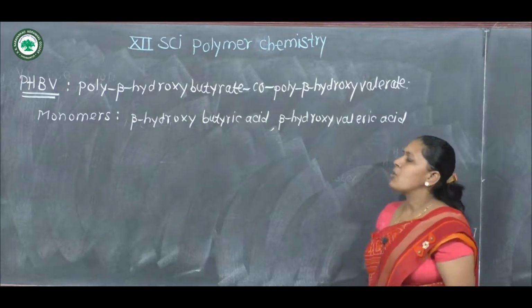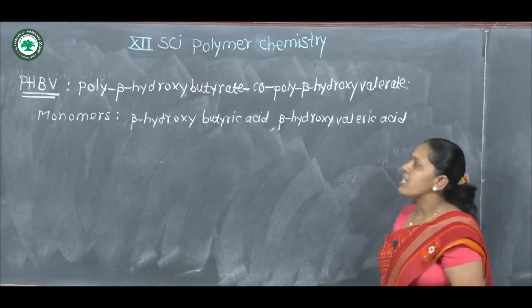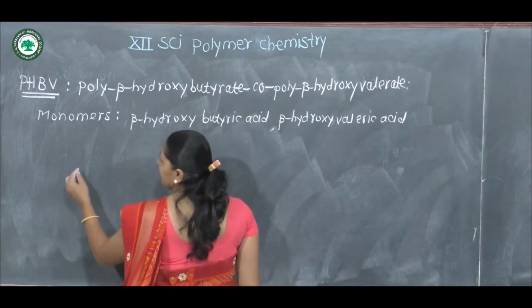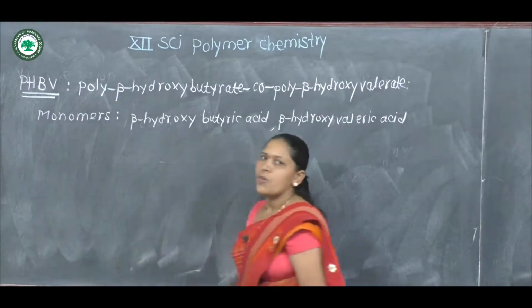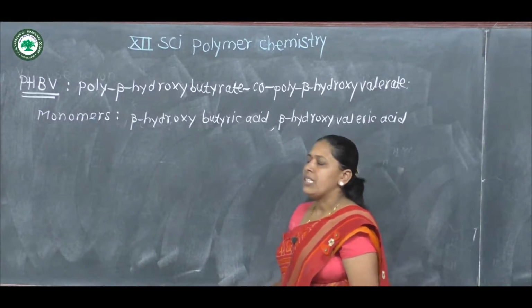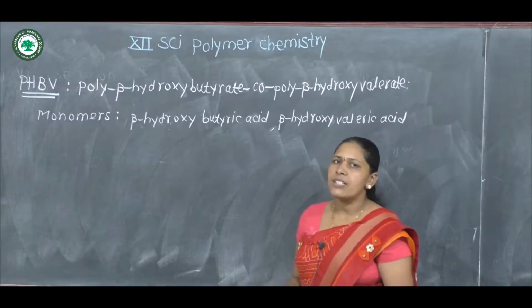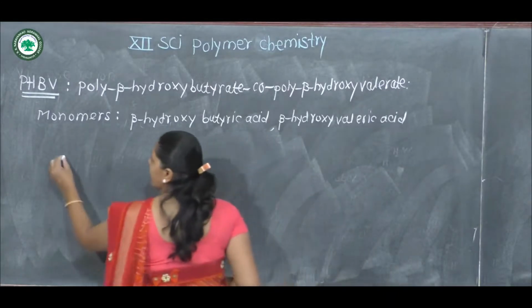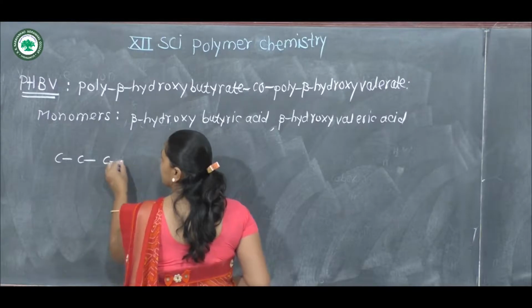The IUPAC names of these monomers are 3-hydroxybutanoic acid and 3-hydroxypentanoic acid. First of all, butanoic acid consists of a carboxylic acid group. Its parent alkane is butane, therefore there are 4 carbon atoms.